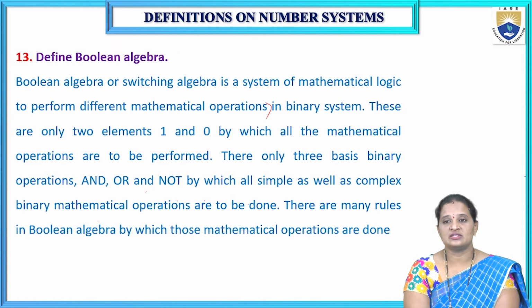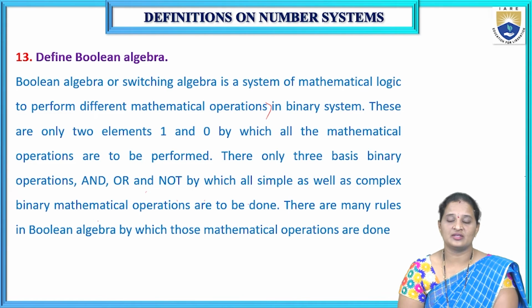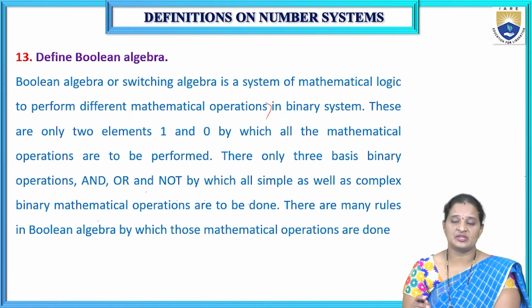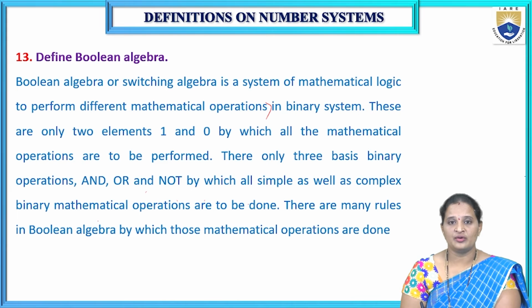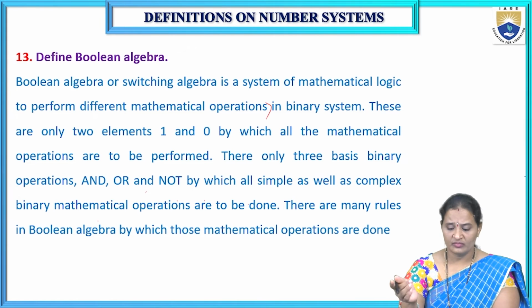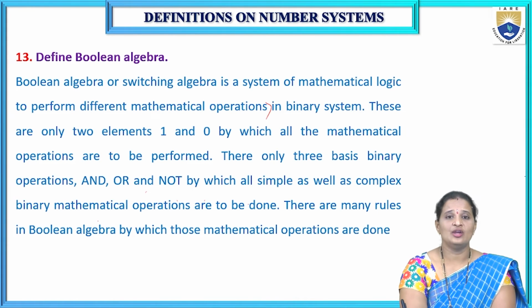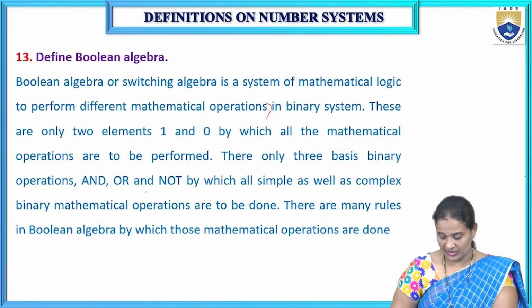Boolean algebra consists of a set of rules and postulates by which the expressions are simplified. Why simplify a Boolean expression? In order to reduce the number of gates required to implement it, and also to reduce the cost and complexity of the circuit.